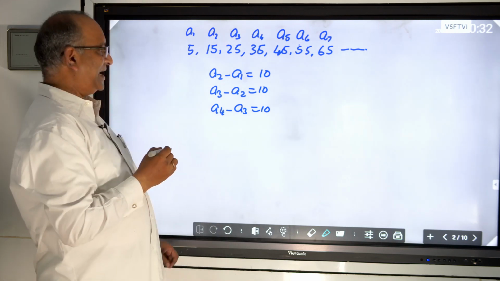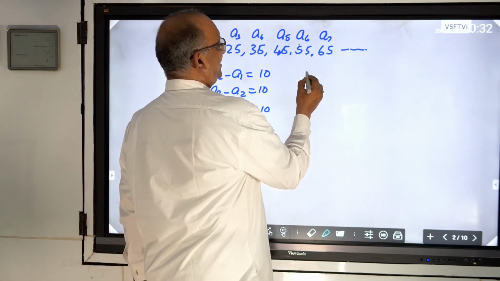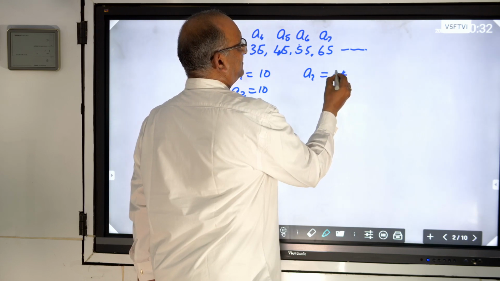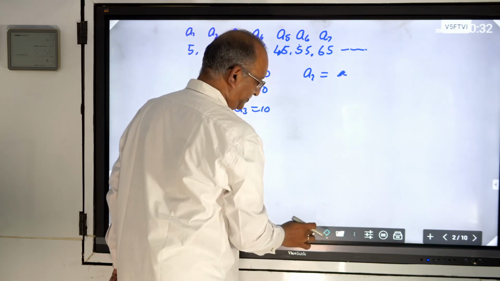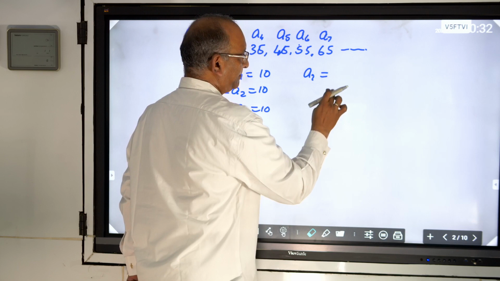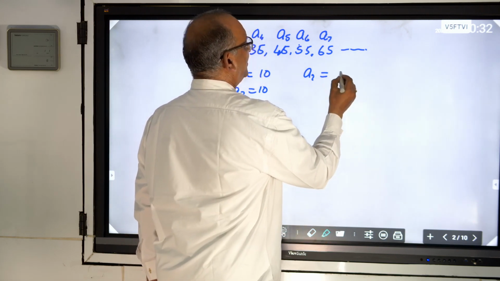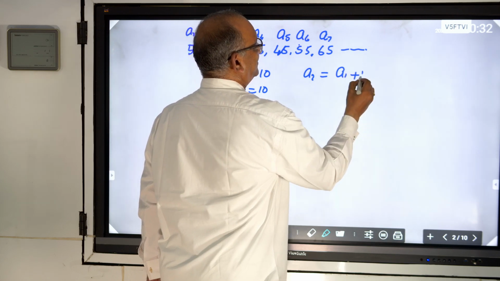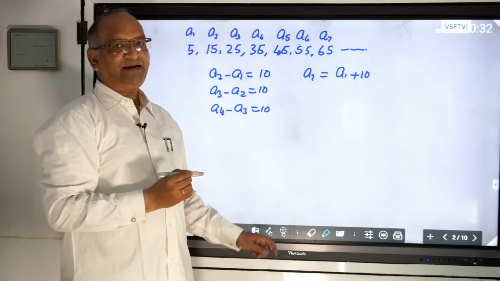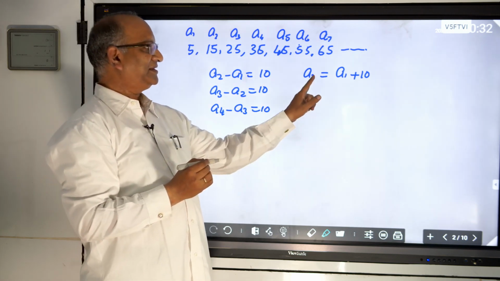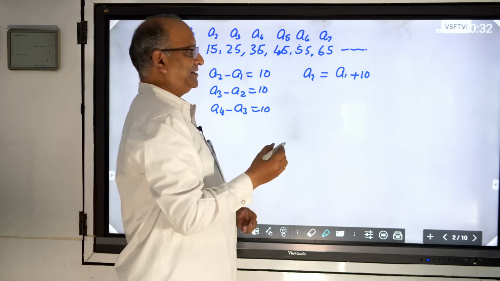Once again, just have a look. How did you get A2? A2 we got when we added A1 with 10. What is A2? 15. 15 is equal to 5 plus 10 in other terms.